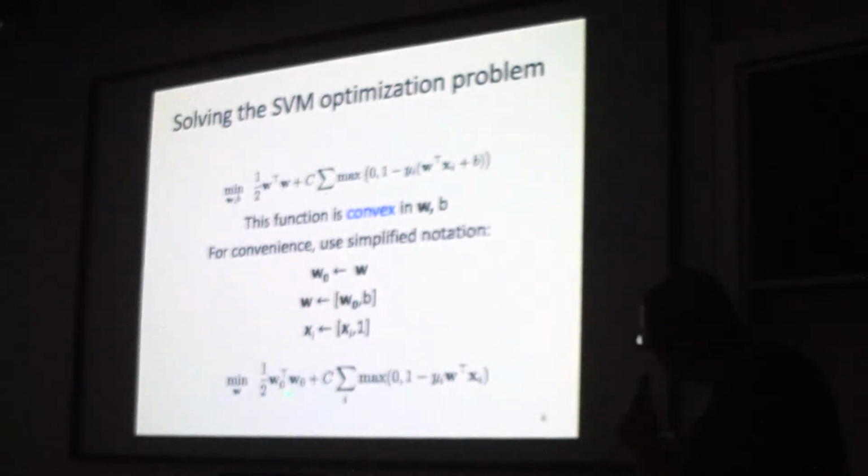The first term is one half W0 transpose W0. Remember, W0 corresponds to the weights for the original features; it does not contain the bias parameter B. And in the Hinge loss, because B is folded into the weight vector, our function margin is W transpose Xi, with an augmented weight vector and augmented feature vector. So don't be confused. We're going to stick to this simpler representation of the objective.